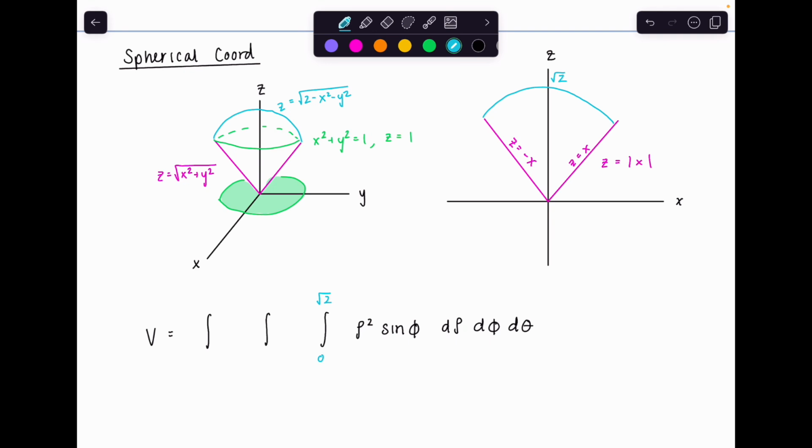Okay. Then I want to figure out what's happening with phi, and that starts up here at the z-axis and it goes down. So the most it's going down is going to be to the cone. So phi will start here and go to the cone.